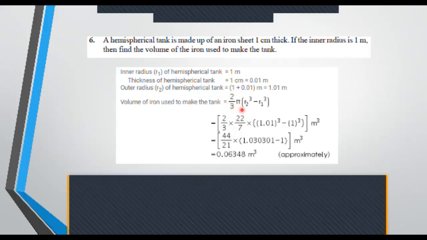Why 2/3? It is a hemisphere. So inside the brackets, you get R2 cube minus R1 cube. Now you can do. They've asked you the full metal, how much metal volume you are actually using, not the space inside or the amount of water or air filled in. They have not asked that.